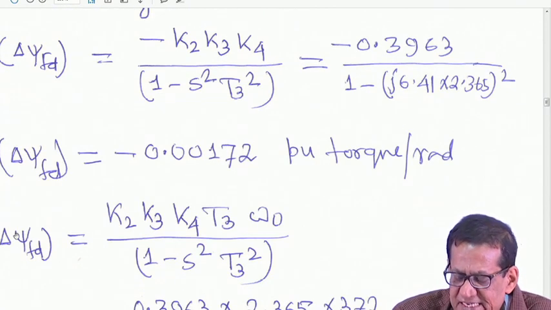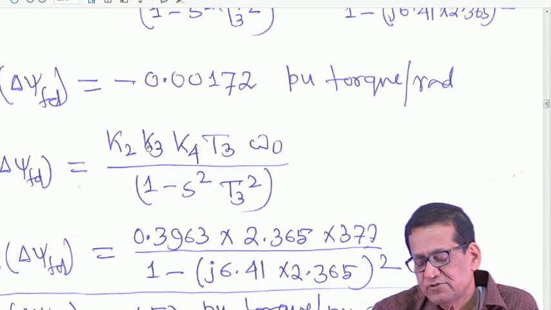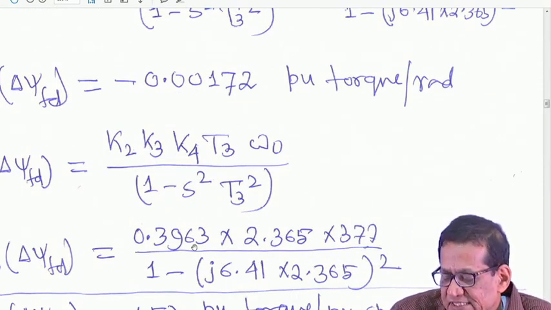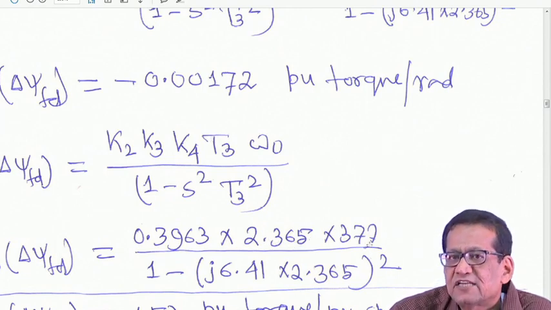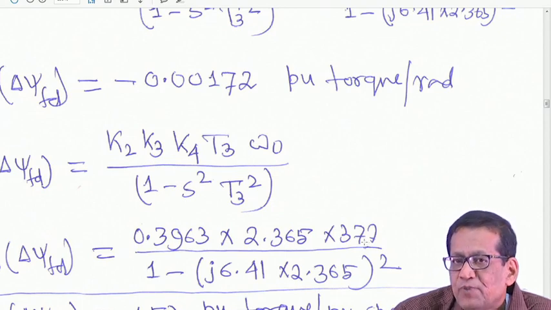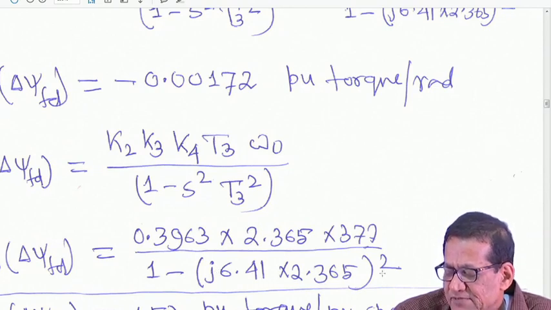Similarly, K d delta psi f d is K2, K3, K4, T3 into omega 0 upon 1 minus a square T3 square. K2, K3, K4 we have computed before as 0.3963, into 2.365, that is T3, into omega 0, which is 2 pi f 0 with f 0 equal to 60 Hz, so 377, divided by 1 minus j 6.41 into 2.365 square.